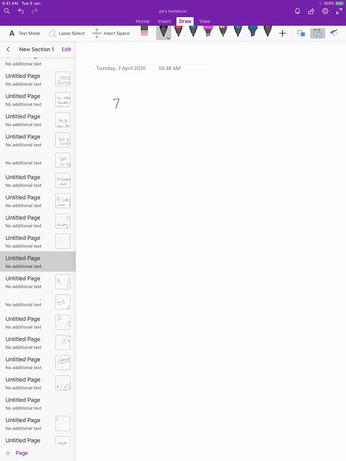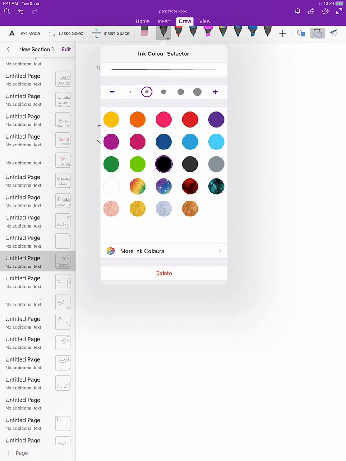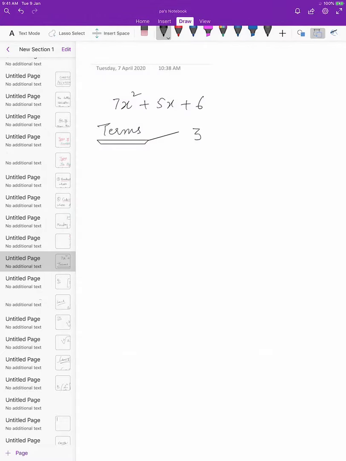Now suppose I say 7x square plus 5x plus 6. If I ask you how many terms are there in this expression, you can say there are 3 terms. How do we count the number of terms? Terms are separated by a plus or a minus sign in between.